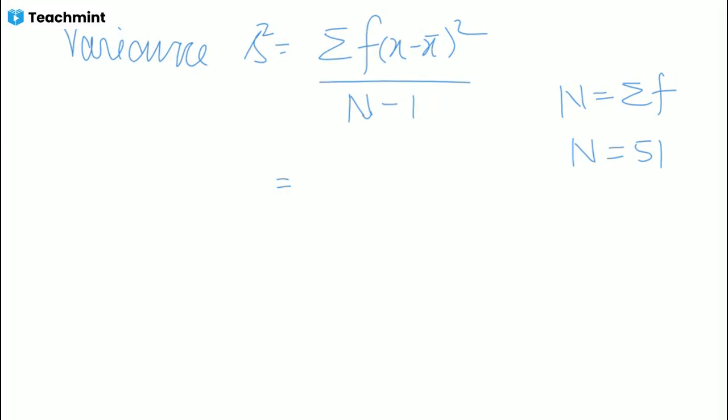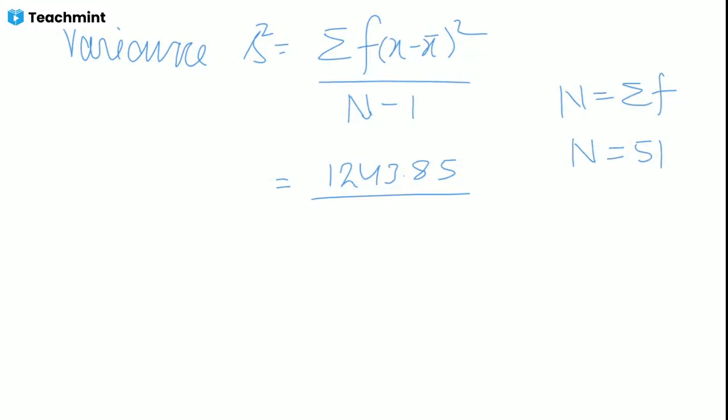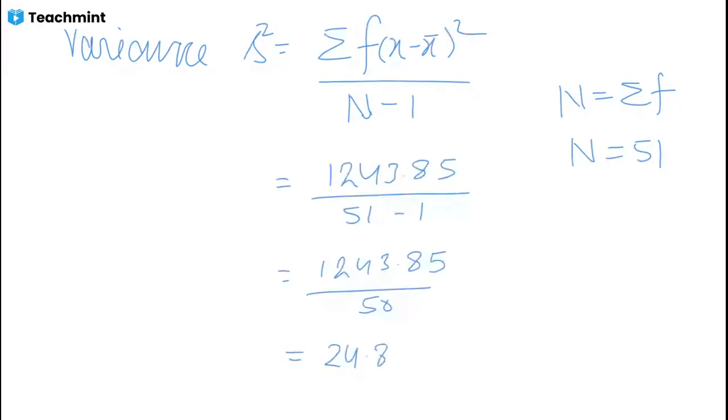Summation f into x minus x bar square is 1243.85, and n is 51 minus 1, so we have 50 here. Just divide this value by 50. So we have the result 24.877, which we can round off to 24.88. This is the variance.